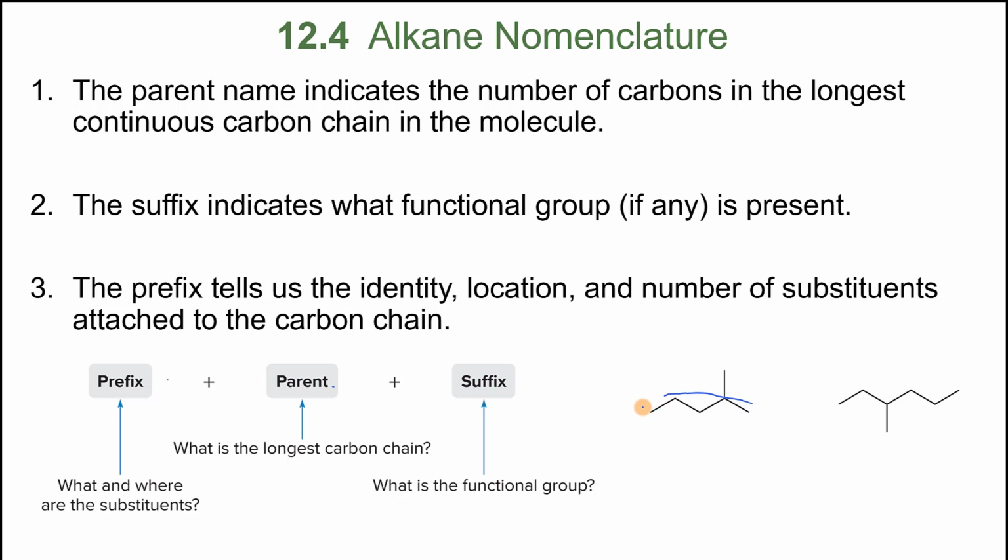So this might be the parent. This is the parent. This would be part of the prefix. This is prefix also. And then different names will have different combinations of those.